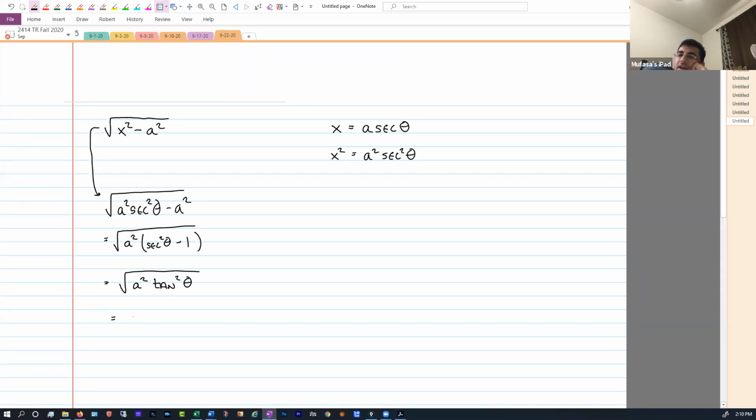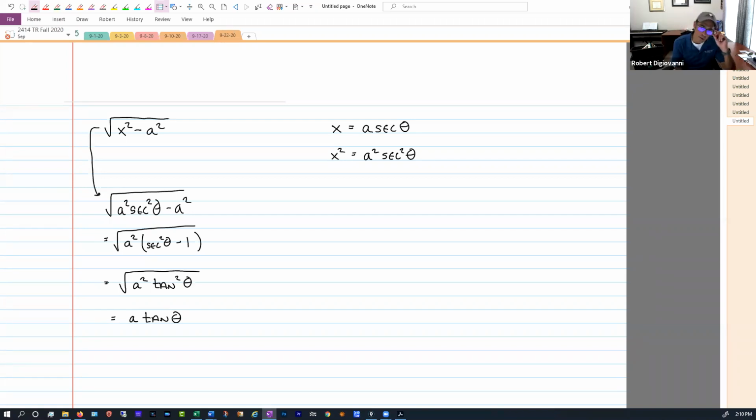But if we use a cosine here, so it's 1 minus cosine squared theta in terms of sine squared... No, cosine wouldn't work here. Cosine wouldn't work because if you did cosine instead of secant, then this right here would be cosine squared theta minus 1, and that is not sine squared theta.